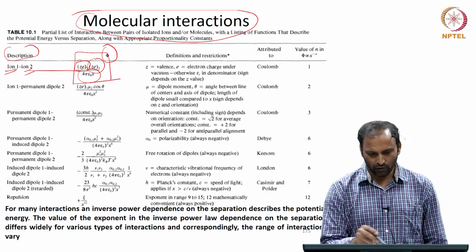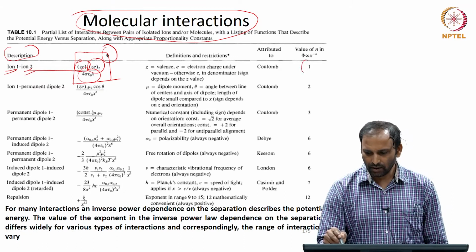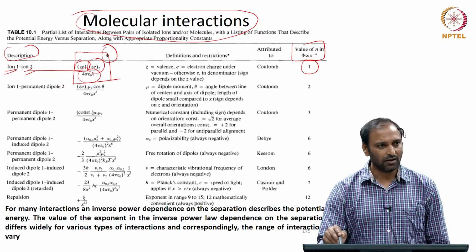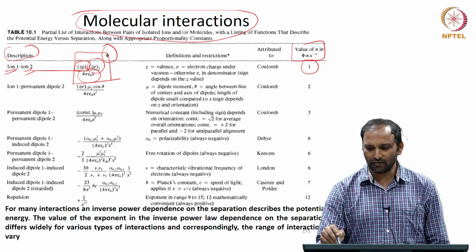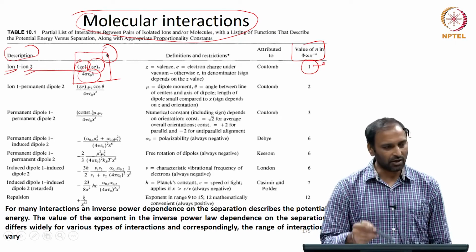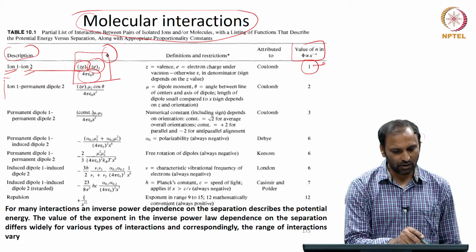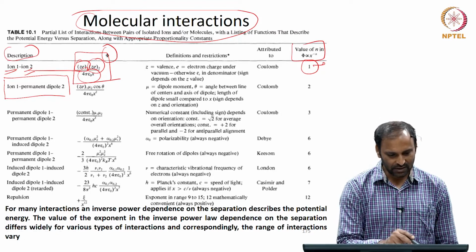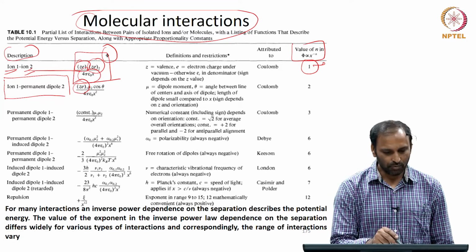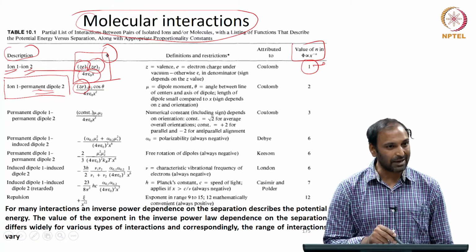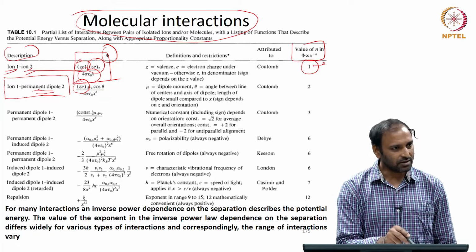And so this goes as 1 over x. The general form is phi going as x to the power minus n, and for this case n is 1 because you have 1 over x here. Similarly, you can think about the interaction between an ion and a dipole. In this case, the ion will have a charge Z1e, and mu 2 is the permanent dipole moment of dipole 2.